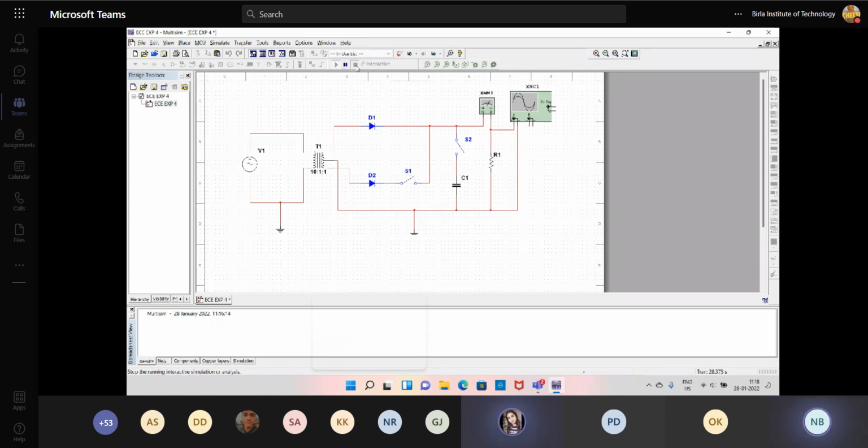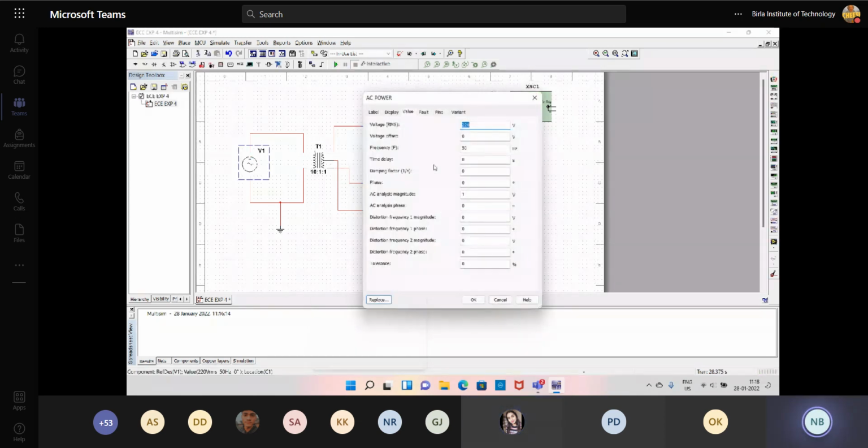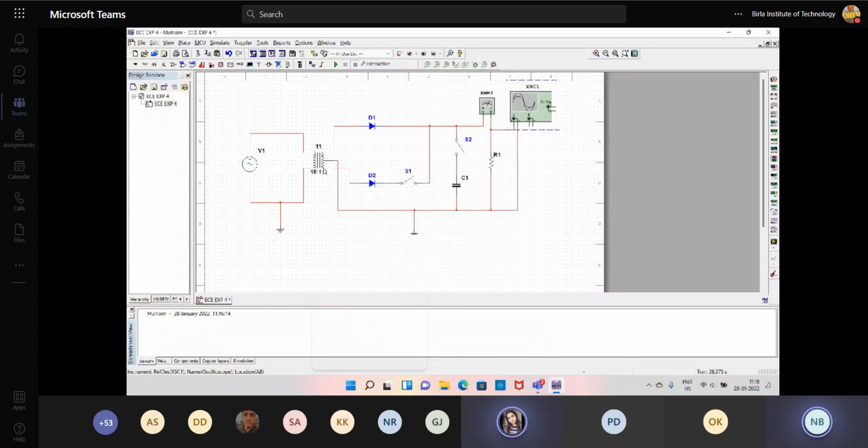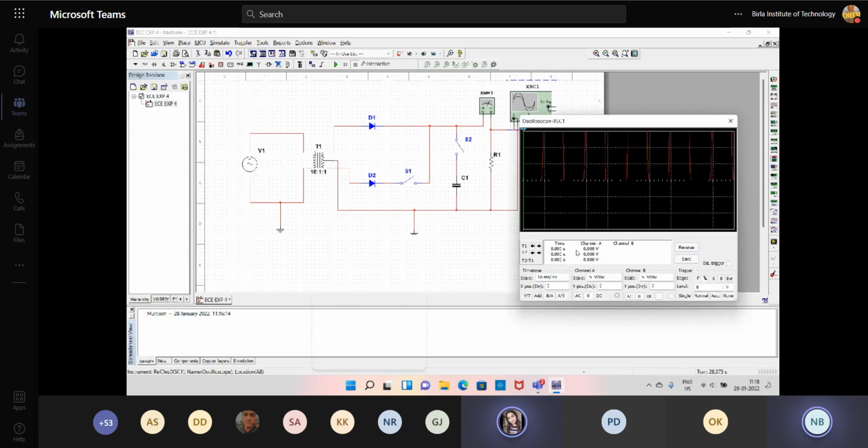Stop the simulation, then only you can change it. Yes, it's 1:1. Now you run it, and now you change the scale in that voltage window. So 20 would be fine? You change it, then you can observe whether you can see it or not.